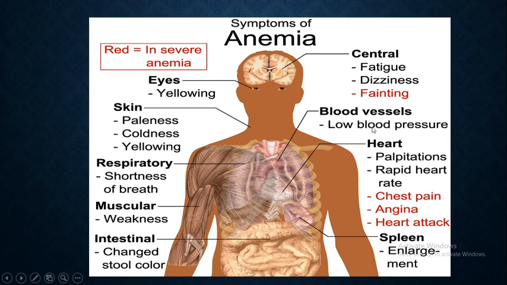Then blood vessels: low blood pressure, heart palpitations, rapid heart rate, chest pain, angina, and heart attack occur in severe anemia. Then splenomegaly, changes in stool color, muscular weakness, SOB, pale, cold, and jaundiced skin, and yellow eyes, icteric eyes.